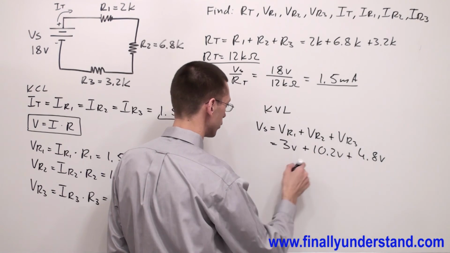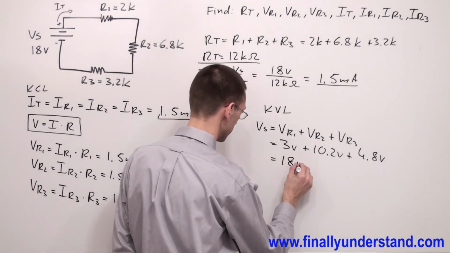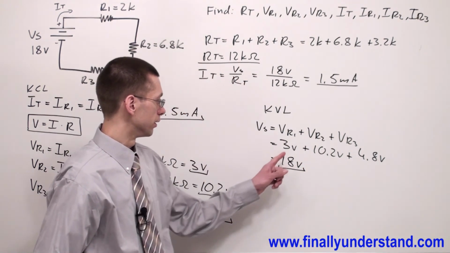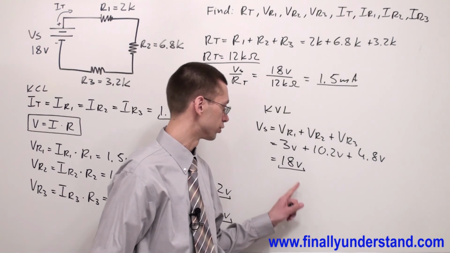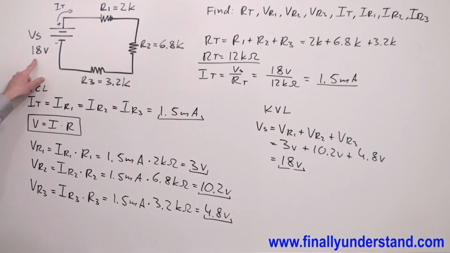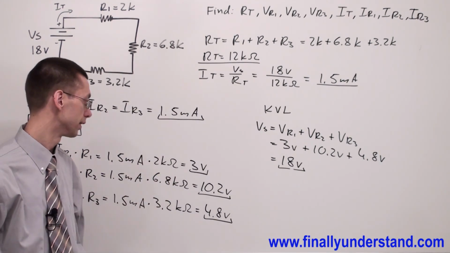Add all these values together and you're supposed to end up with a value of 18 volts. As you can see, the sum of these voltages gave me 18 volts. And this is the voltage which I started with. So I can say that all answers which I obtained are correct.